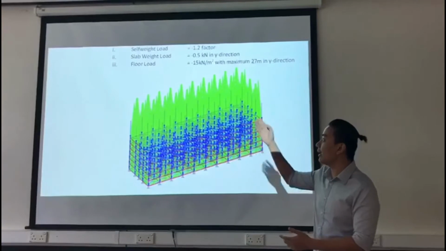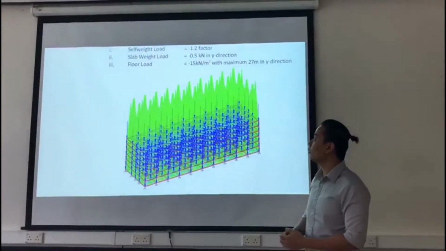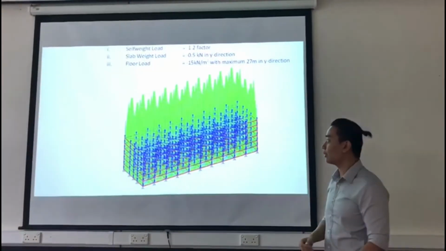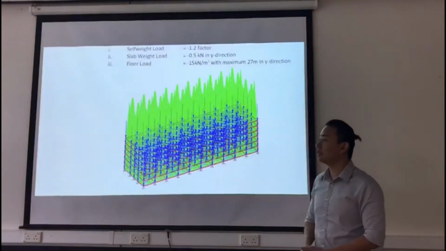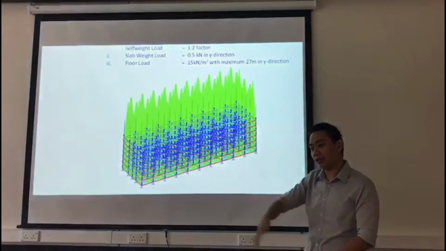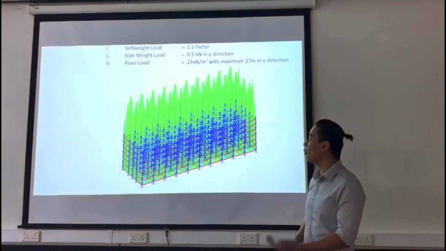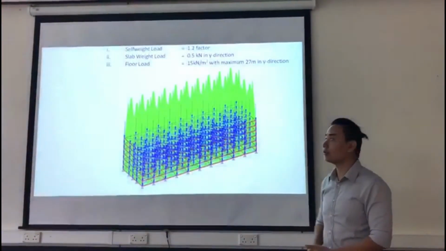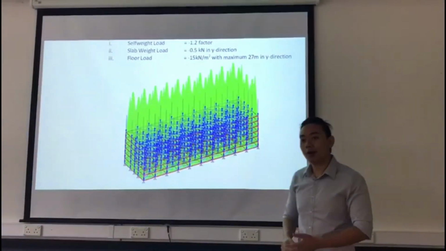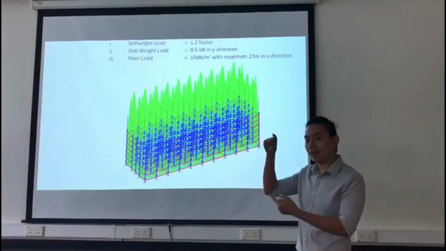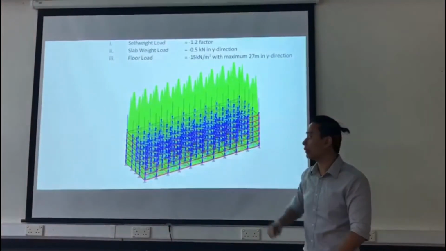Then we have the self-weight load, negative 1.2 factor. Slab weight load, negative 0.5 kilonewton in Y direction. And we have floor load, negative 15 kilonewton per meter square with a maximum of 27 meters in Y direction. Again, the 27 in Y direction is the 6th floor.